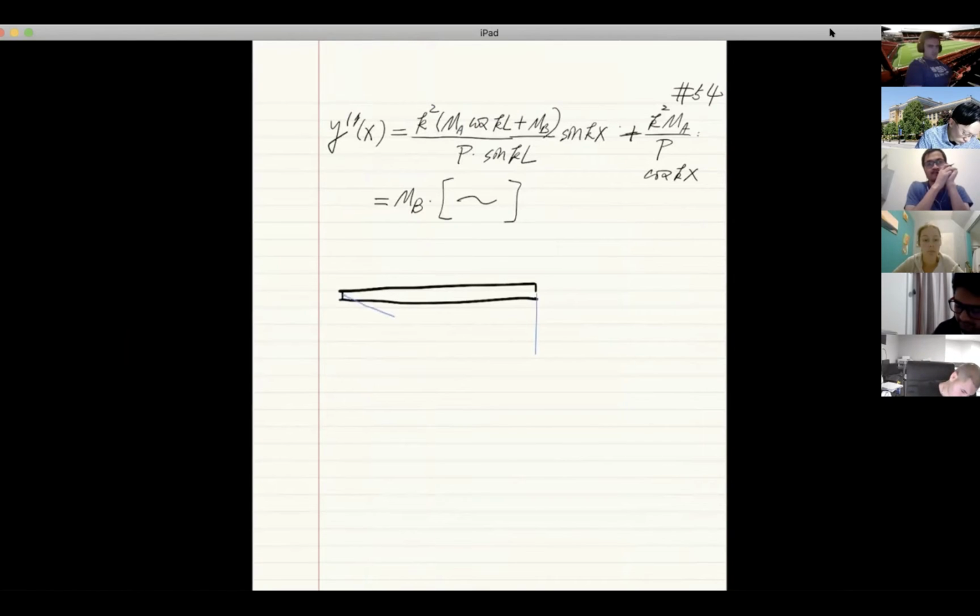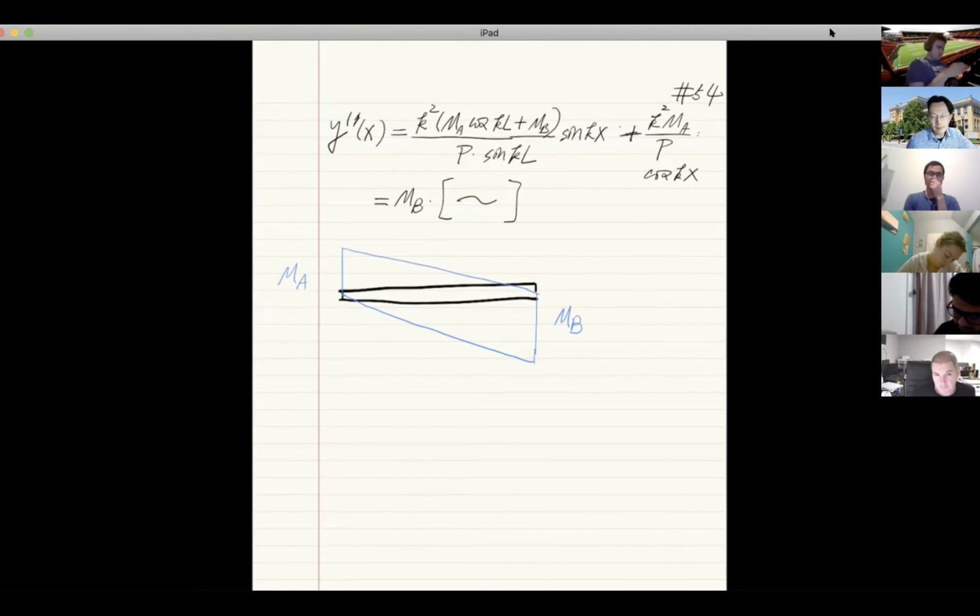Suppose we have only an MB, which is here, like this. And then, of course, MA is still MA. We assume that MA is not 0, so you still have an MA something like this. So this will be your MA. Now, this is the positive direction, which is important here.